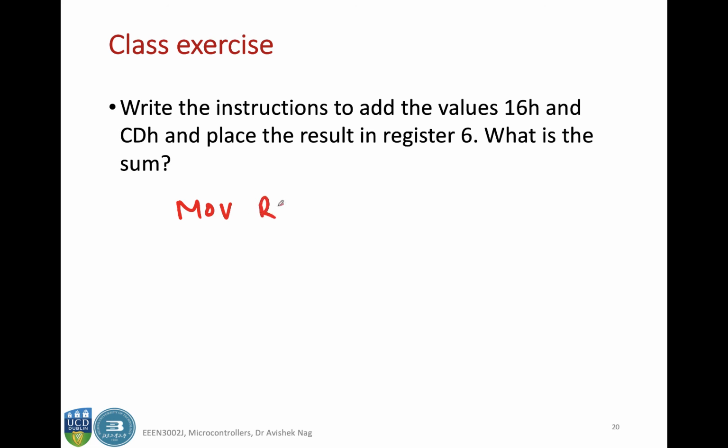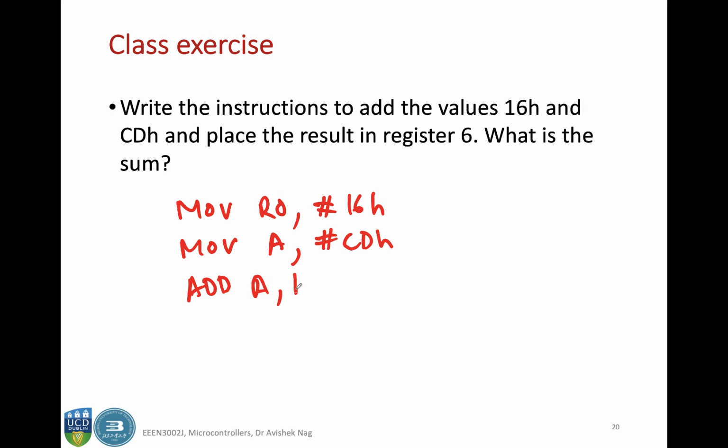So you can move R0 with, let's say, 16H. You can move your A with CDH, and then you can add A with R0. So A already has this number.